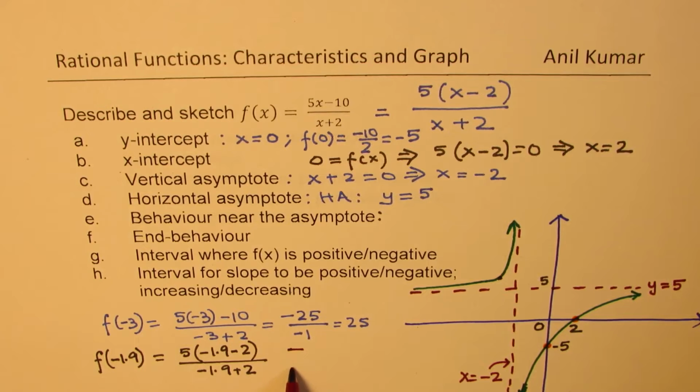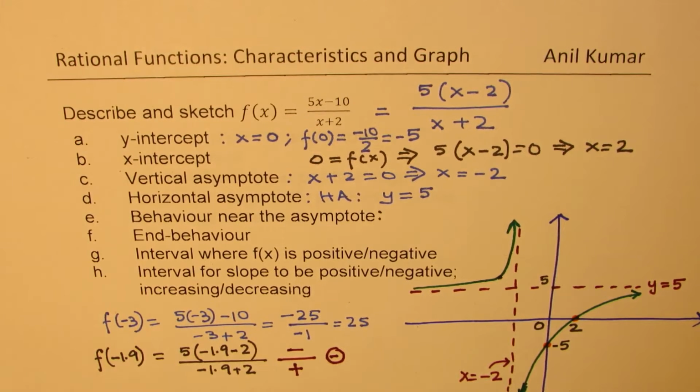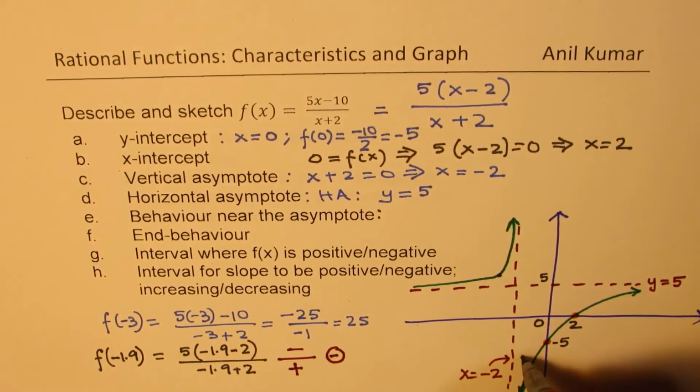However, the denominator is positive. So these two combinations, when you divide negative by positive, we get a negative result. That means that the behavior near the asymptote is towards negative infinity. Do you see that?